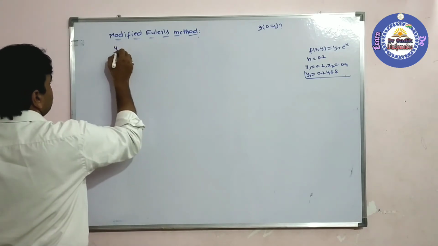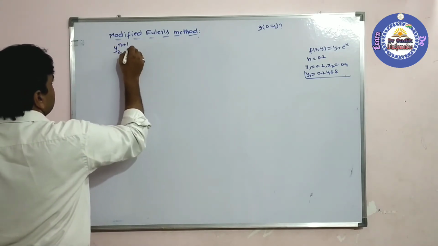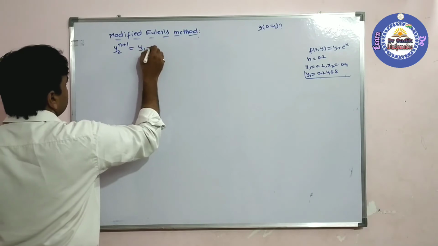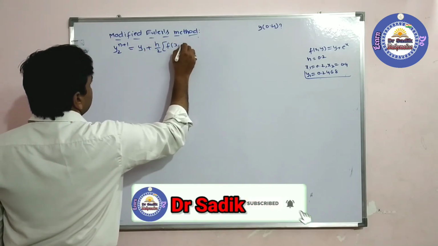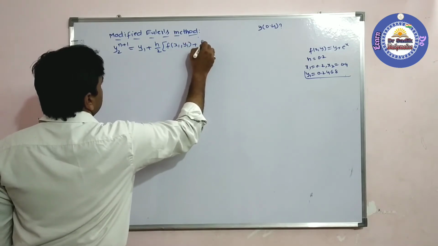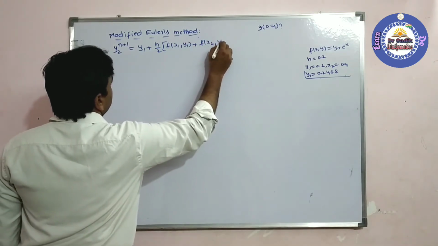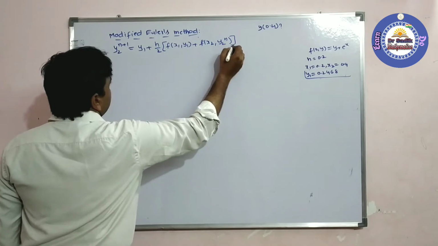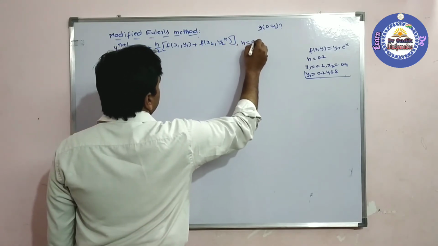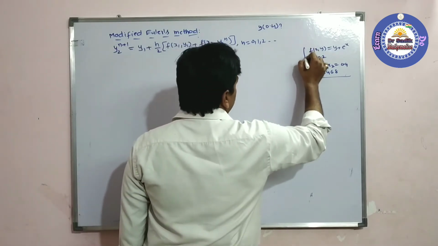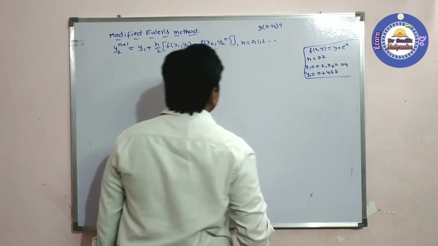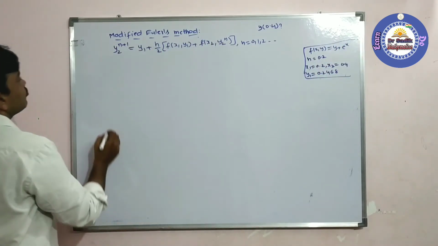So y2 power n plus 1, that is equal to y1 plus h by 2 into f of x1 comma y1 plus f of x2 comma y2 power n. Here n is equal to 0, 1, 2 and so on.